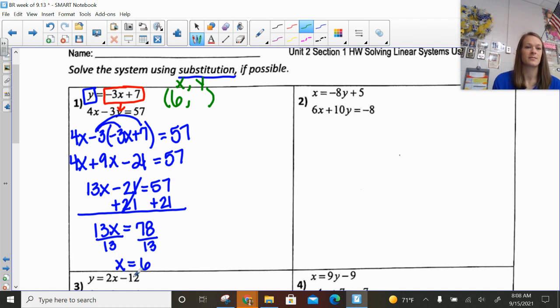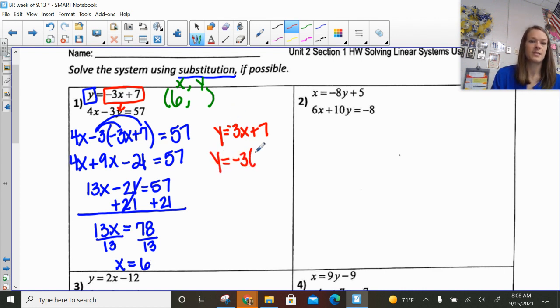Now I have x. So I'm going to pick an equation just like we've been doing on the other stuff. I'm going to pick the first equation, and now I'm plugging in 6 for x. So negative 3 times 6 plus 7.